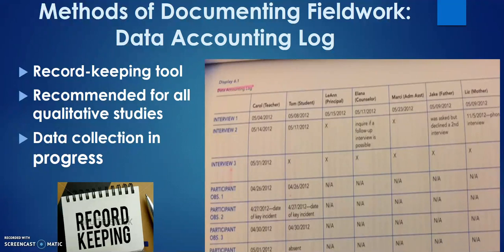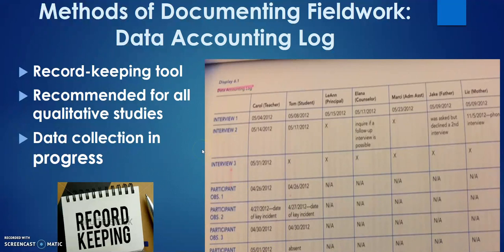By looking at the data accounting log, the researcher is able to quickly view the data collection that is in progress. This document can also be used for an auditor's reference or as an appendix to the technical report.